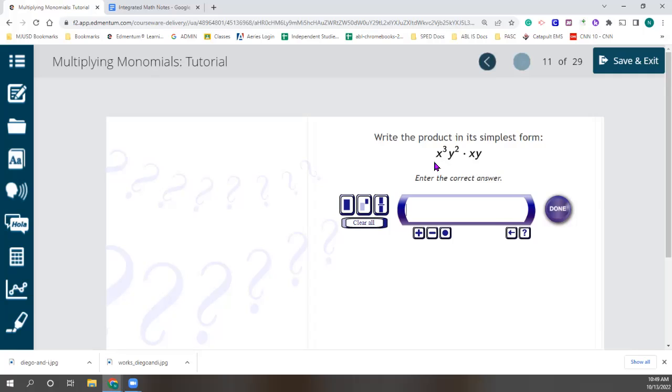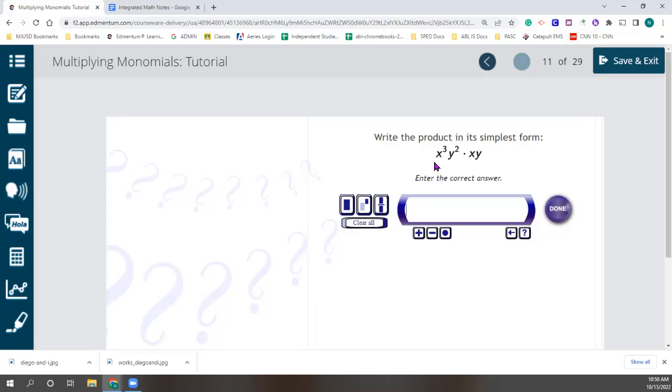So X cubed multiplied by Y squared multiplied by XY becomes X to the third multiplied by X multiplied by Y to the second power, or Y squared multiplied by Y. Then to continue to simplify, I'm going to use the exponent rule.